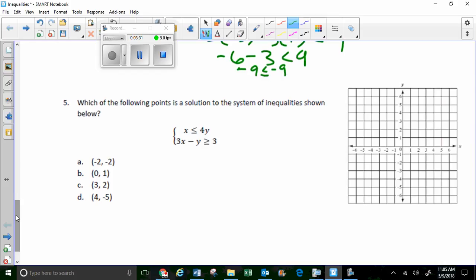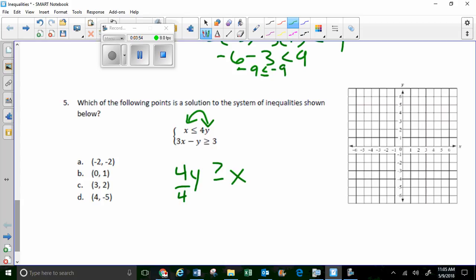Feel free to pause if you feel like it's going too fast at any point. Number 5, which of the following is the solution? This time we do have a graph, so I can either graph it or plug it in like we were just doing. I think I'll go ahead and graph. So first thing I want to do, I want my Y on the left side, so I'm going to flip that, which means I need to flip the direction of my inequality symbol.